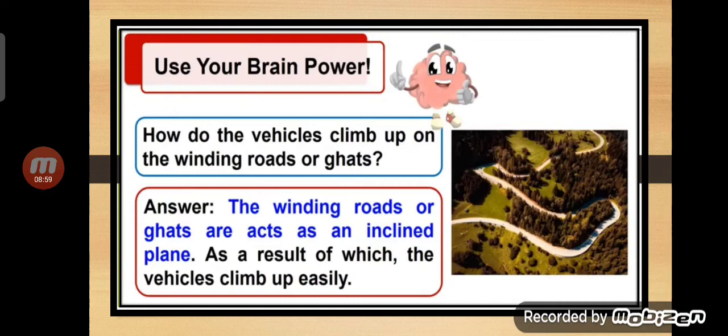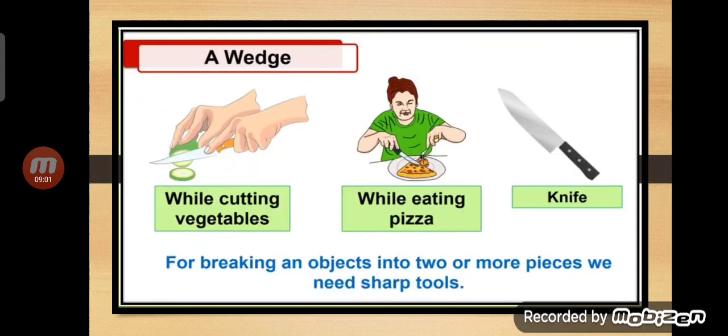Okay, now, children, let's see the next topic. You might have seen your mother cutting the vegetables in the kitchen. What does she use for cutting the vegetables? Or while eating pizza, what do you use to cut a pizza?